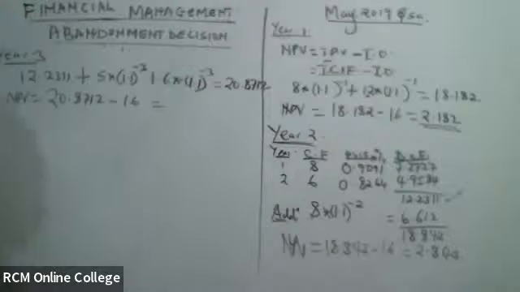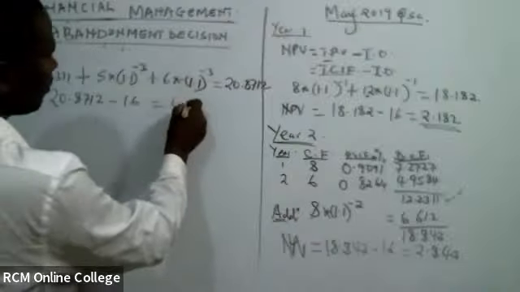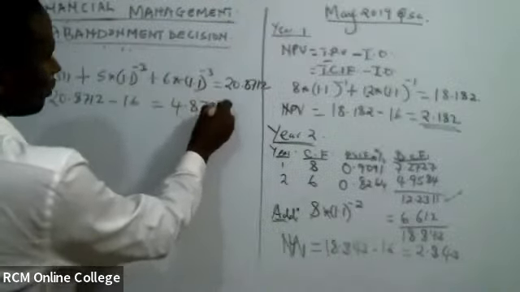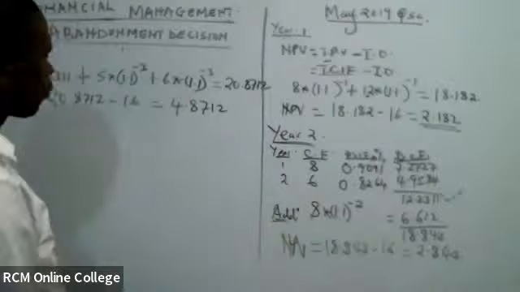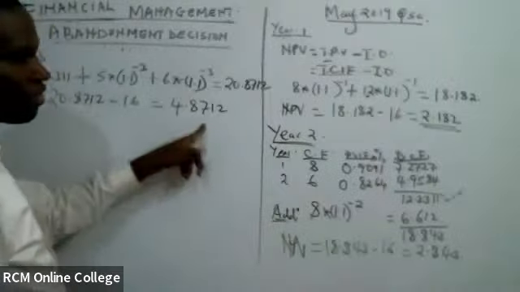Raquel gave 20, so let's get the NPV itself now. 4.8712. Now I want somebody to confirm the two are these and these.